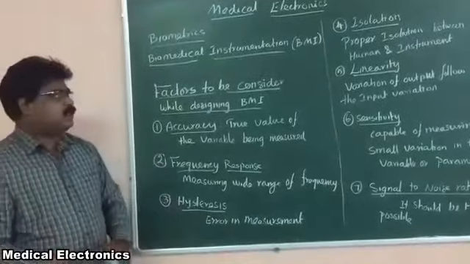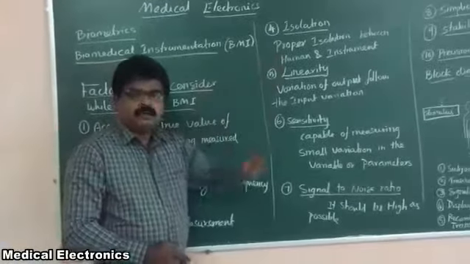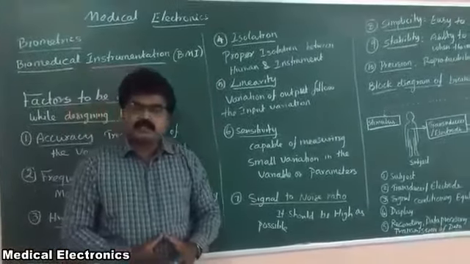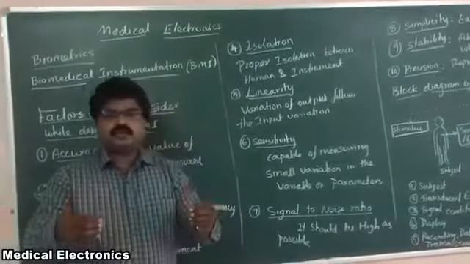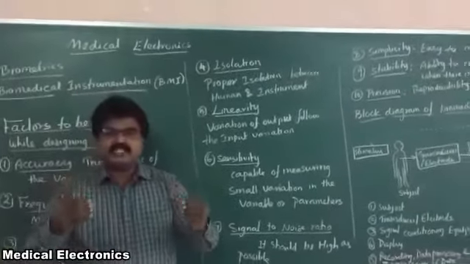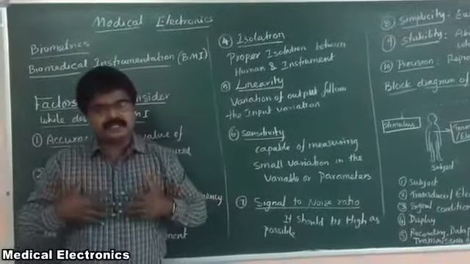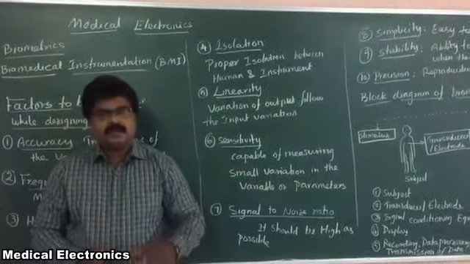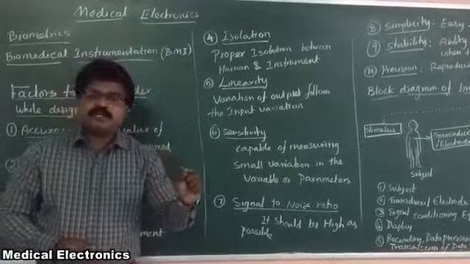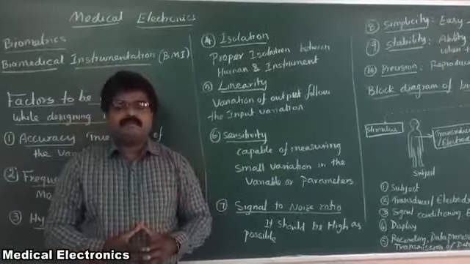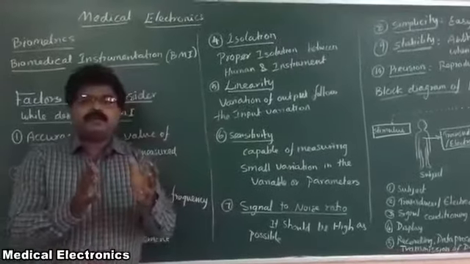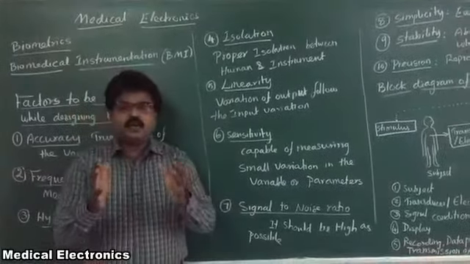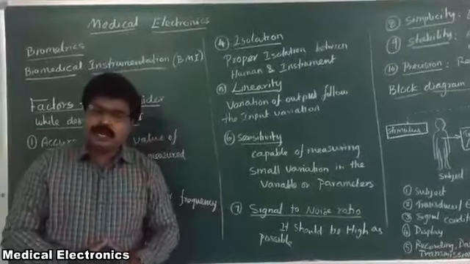Next one is isolation. For a biomedical instrument, the electrodes or the sensors must be connected to the patient, and that must be connected to the biomedical instrument. To the biomedical instrument we are giving a 230 volt supply. When there is no proper isolation between the human and the instrument, what will happen?